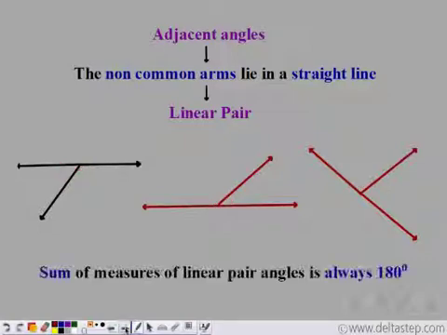So we can say that the sum of measures of linear pair angles is always 180 degrees. Alternatively, you may say that if the sum of two adjacent angles is 180 degrees, then they form a linear pair.